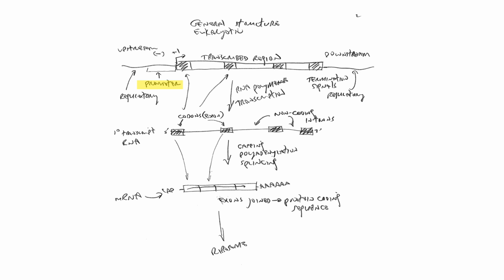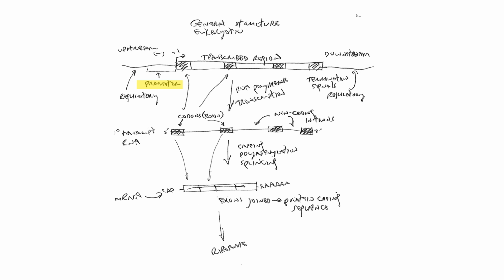Now, what I want to focus on first is what's called the promoter, and I have that highlighted in yellow. There's a region right upstream of the transcription initiation site, +1, which is referred to as the promoter. Simply put, this is the region that will bind to the RNA polymerase.